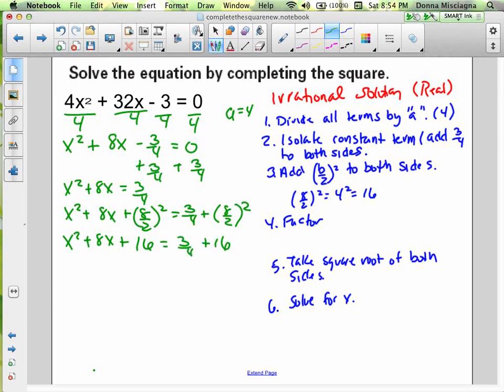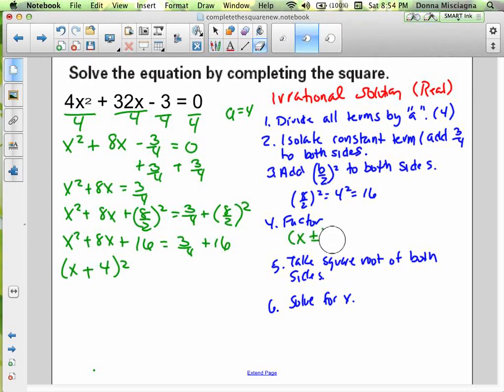On the left, we can factor that to x plus half of b, and half of b is 4, squared. And then I should put that over here, just to remind you that it's always x plus or minus b divided by 2.